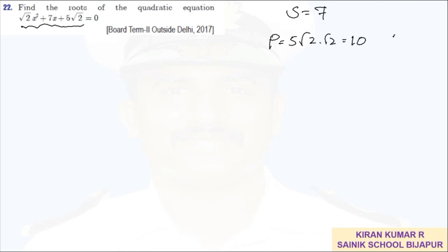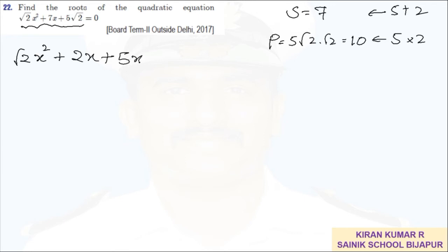It's very simple. 5 multiplied by 2 becomes 10, 5 added to 2 becomes 7. So root 2x square plus 2x plus 5x plus 5 root 2 equal to 0.